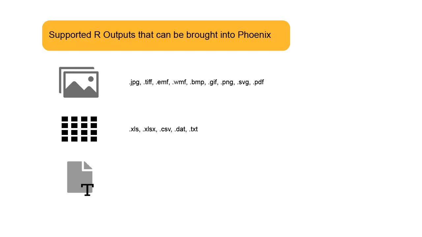The datasets and tabular forms supported are Excel formats, comma-separated files, and tabulations with .dat or .txt extensions. Supported text output is any file with plain text content, such as the R log file.